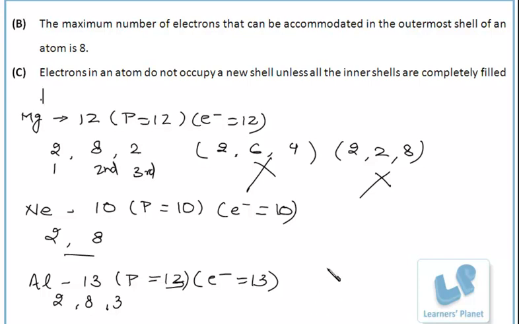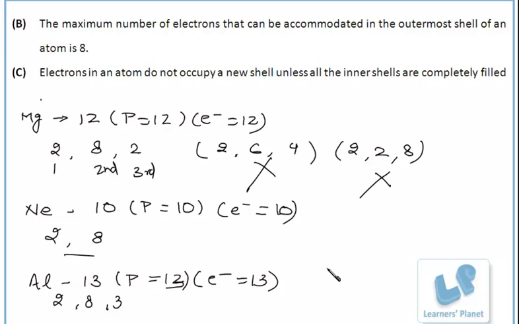So you have to remember 3 things here: each energy level can have 2n square electrons. The electrons cannot move to a higher energy level unless the lower or inner energy levels are completely filled. And lastly, the maximum number of electrons that an atom can have in its outermost shell is 8.